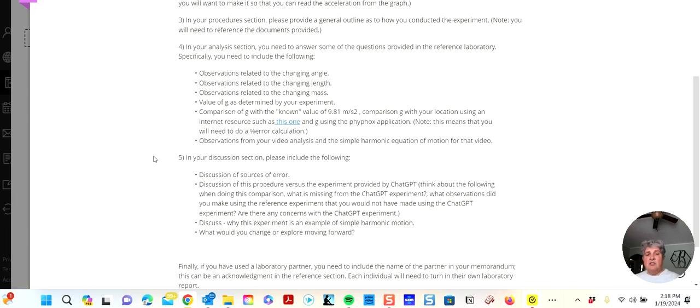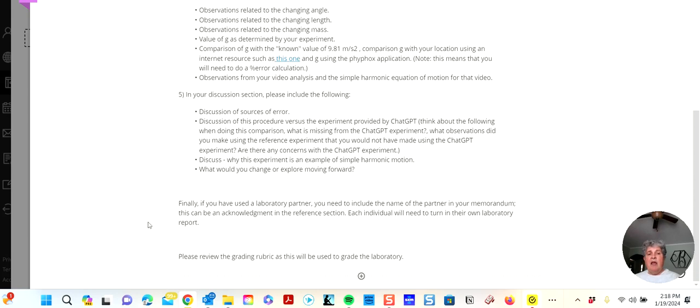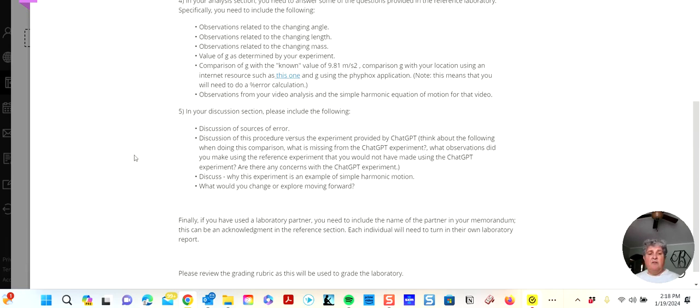In your discussion section, you want to highlight these items here. And finally, if you're using a laboratory partner, everyone is responsible for their own laboratory memo. But if you're using a partner, you definitely need to reference who that partner was or partners in your resources section so that you can have that information.